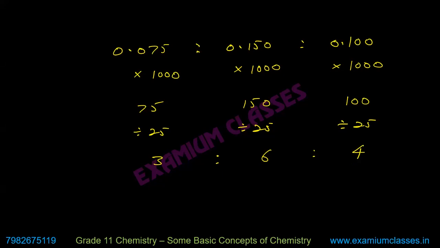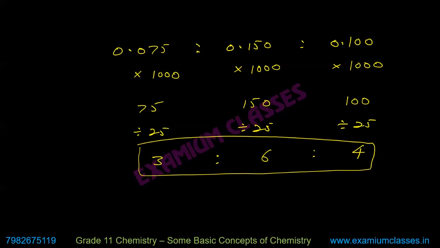Remove the decimals, divide by 25, simple whole ratio. And that's why you will say that for a fixed quantity of one element, that is lead here, the ratio of the masses of other elements is in simple whole numbers. It means it complies with the law of multiple proportions.